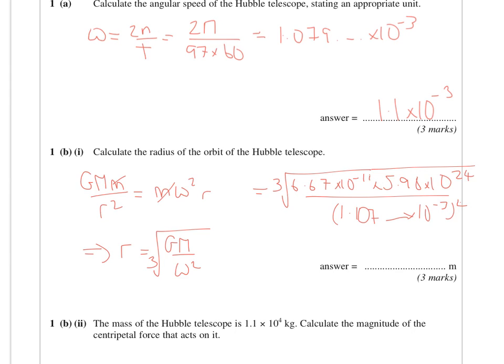We want the cube root of the answer, which comes out at 6.99 times 10 to the 6, which is 7.0 times 10 to the 6 meters, two significant figures.